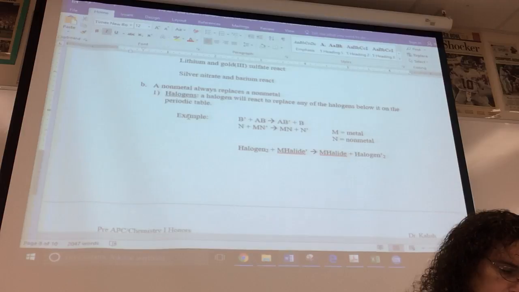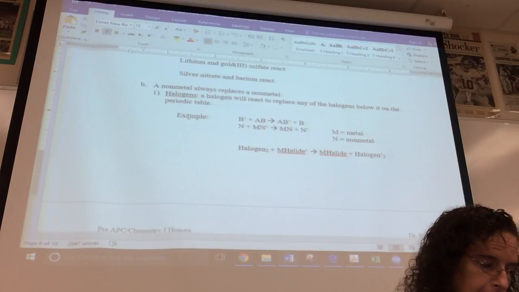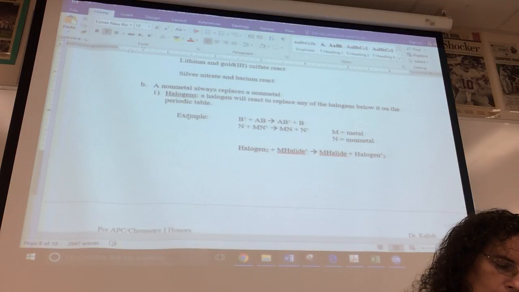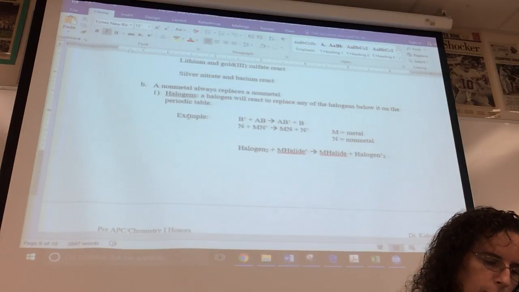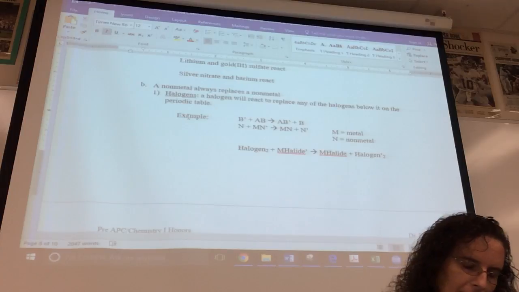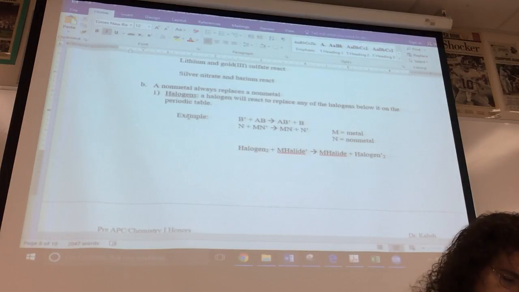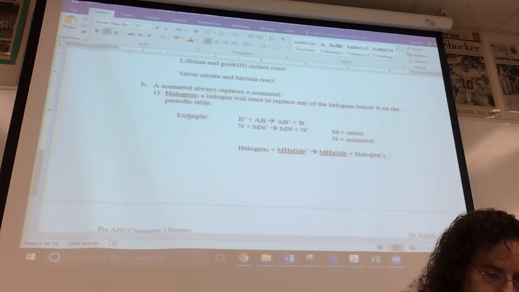Can we formula write it? Can we put the barium first? You can. The only thing you really have to be careful with is that when you formula write, make sure you have metallic cation, non-metallic anion or polyatomic anion. It's got to be cation, anion the way we learn.